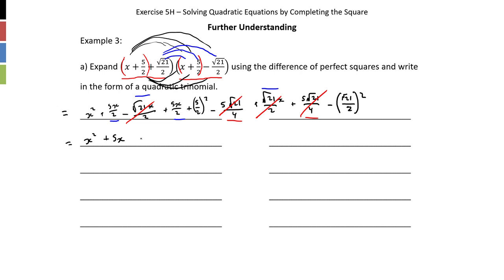What do we have left? We have x squared plus 5x plus 5 on 2 squared minus root 21 on 2 squared. 5 on 2 squared will be the same as 25 on 4 minus 21 on 4, because the square root of 21 all squared just turns into 21.